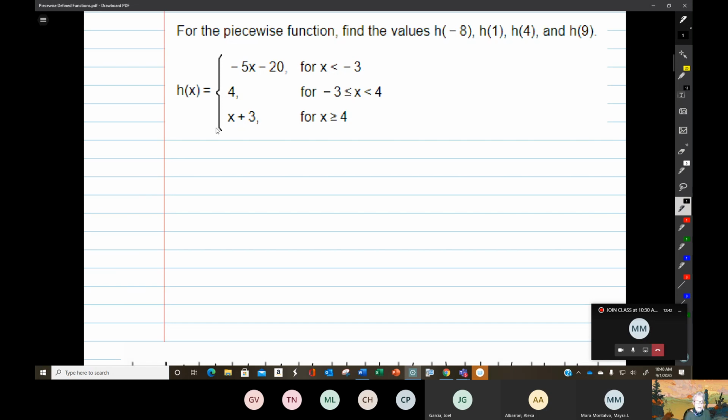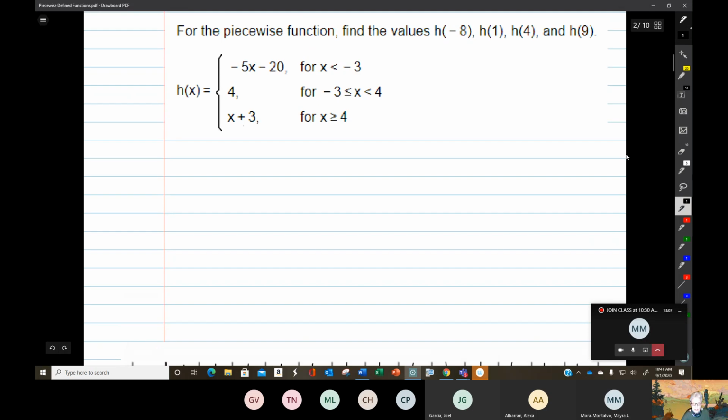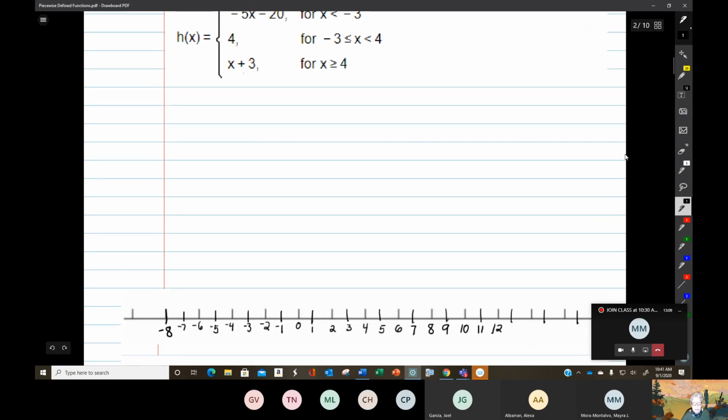And then you'll have a piece of h of x, which is the function x plus 3, over here to the right of 4. And then we have to pay attention to where x is going to actually equal negative 3 and where x is actually going to equal 4. So let us see, I'm going to put this down here.